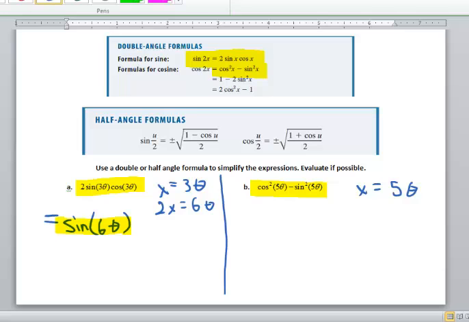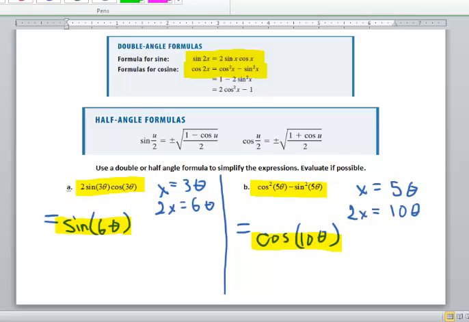So if x is being played by 5 theta, that means that 2x is going to be 10 theta. And again, now I can just rewrite the left-hand side of the double angle formula for cosine, which is the cosine of 2x, which is now being replaced by 10 theta. So there it is, cosine of 10 theta.